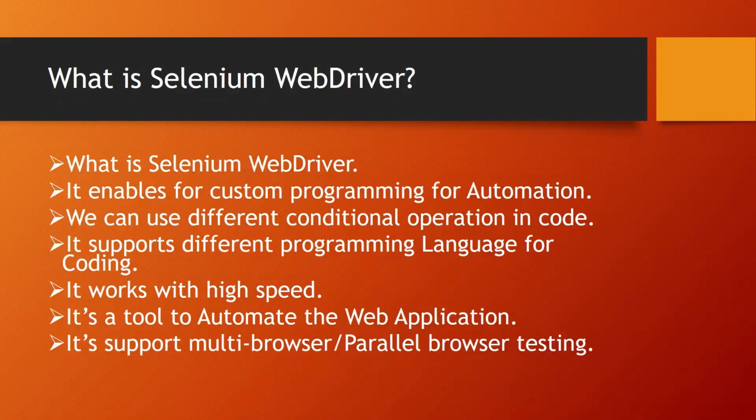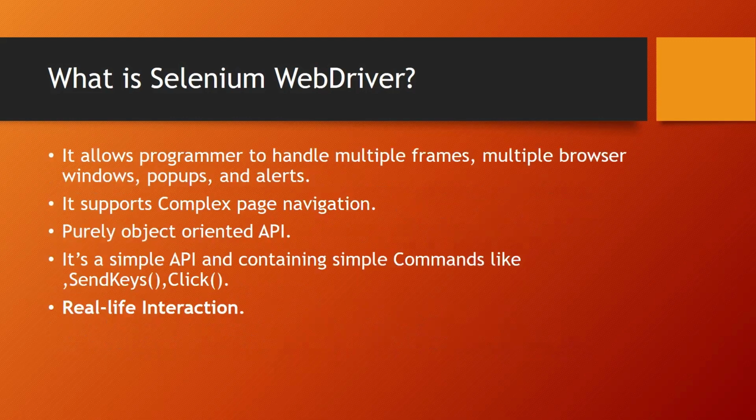So what we have discussed today is what Selenium WebDriver is. It supports custom programming, and we can use different conditional operations in the code. It supports different programming languages for coding. It works with high speed, and we saw the reason why. It supports multi-browser or parallel browser testing, which we saw in detail. It allows the programmer to handle multiple frames, browser windows, pop-ups and alerts.